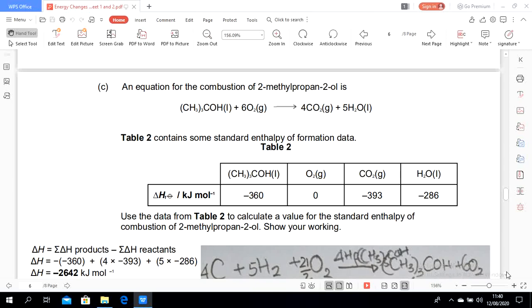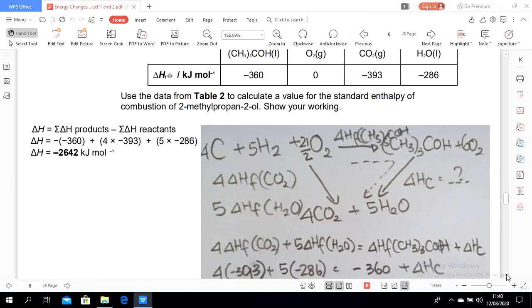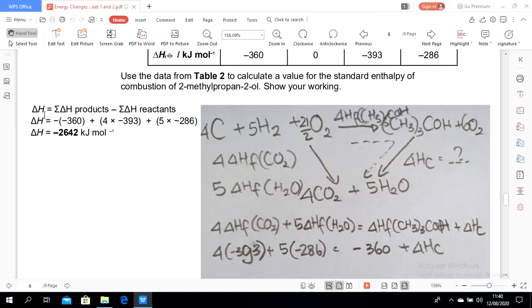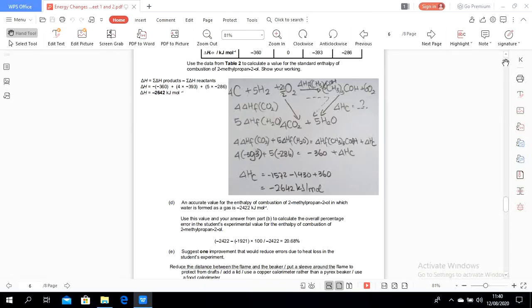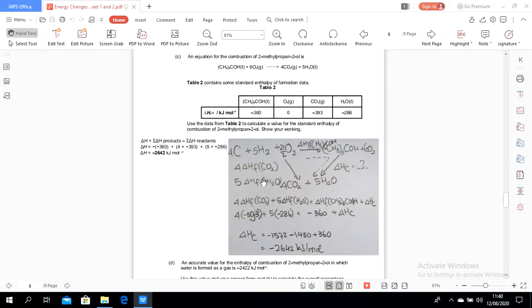So here we have to make the Hess's Law cycle. We can use this calculation only to check whether our calculation using Hess's Law is correct or incorrect. Okay, so we do it like this. This is the elements. Elements become the compound, and these are the products.